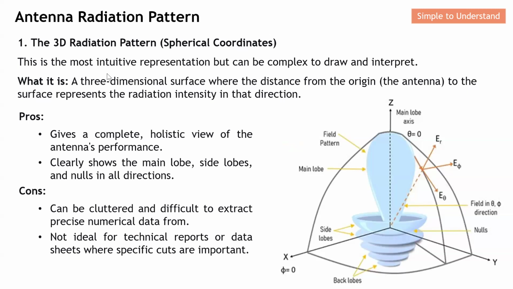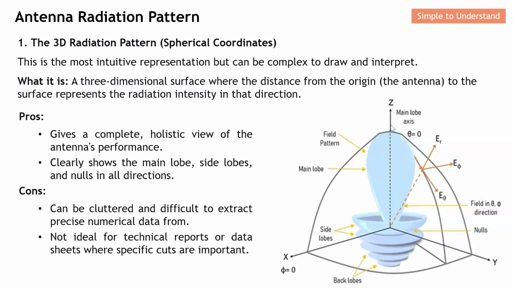This is probably the most intuitive representation, but it can be complex to draw, and it is also very difficult to interpret. From here, you can see that a lot of information is available. However, in deep detail, we probably can't get it from this 3D radiation pattern. Let me explain. In a 3D system, the distance from the origin, which is the antenna, to the surface, for example this point here, represents the radiation intensity in that particular direction, which is the Z-axis.